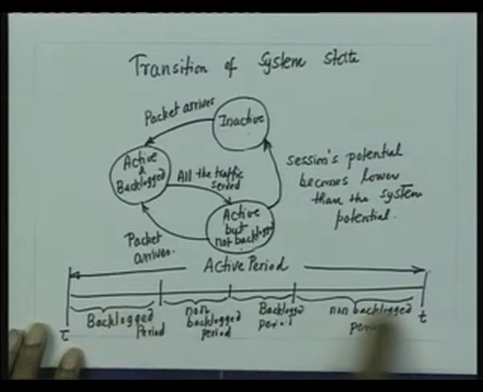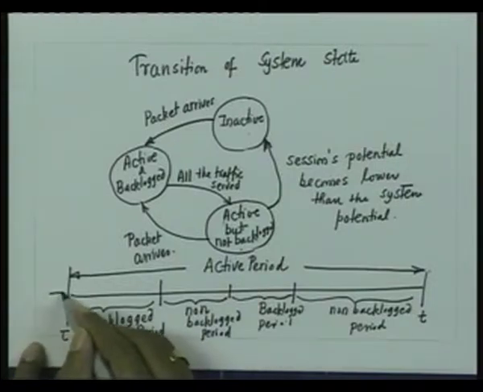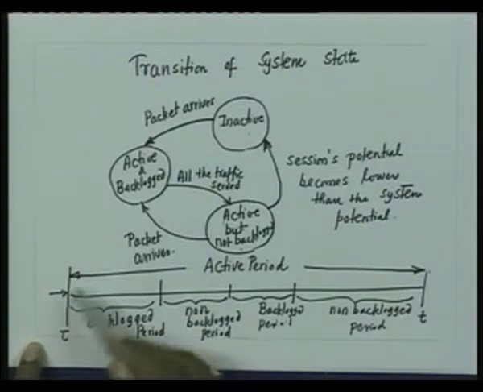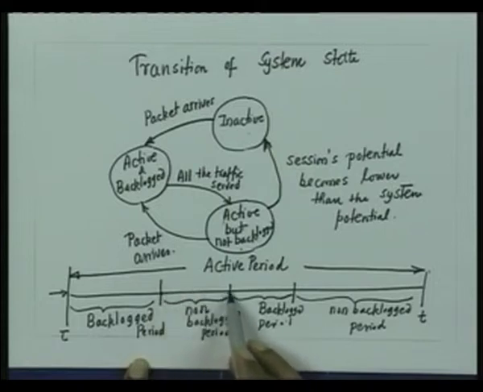So you can see, in the various cycles, that the active period starts here at tau for the first time. The state was inactive here. So when you go from inactive to active, and the active period starts here at tau, your backlogged period also starts because the traffic has arrived, and at this point all the traffic which was there, or which arrived during this period, has been served, and the session therefore enters a non-backlogged period.